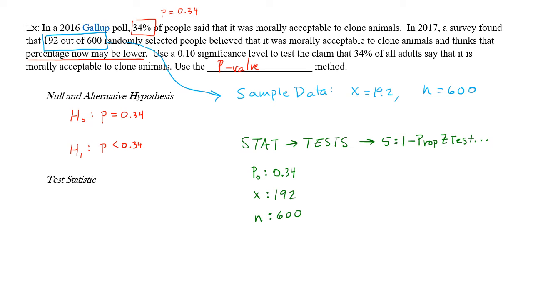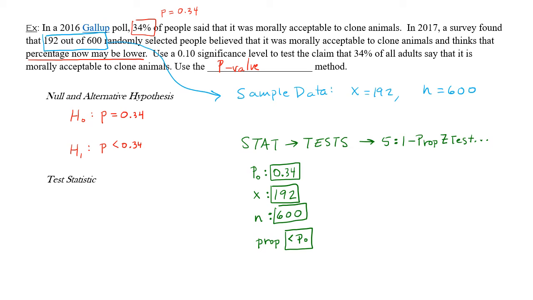And then below that we have the form of our alternative hypothesis, which in this case is less than 0.34. So we'll make sure we use the less than symbol there. These are the values that we're going to enter into our calculator function. And then it'll spit out a value for the test statistic and for the p-value.